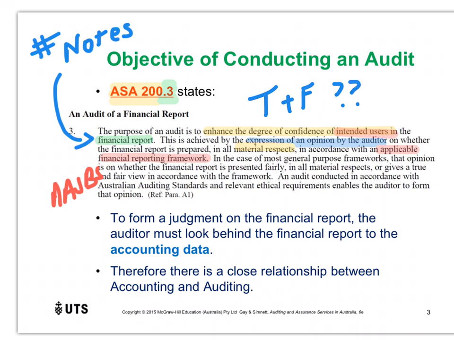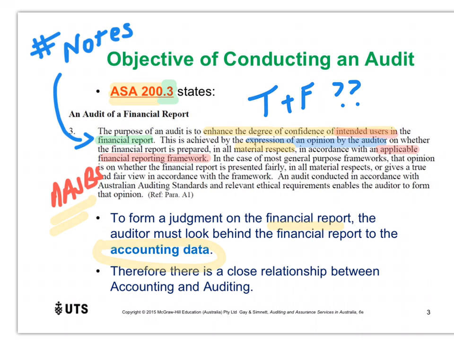Now, to form a judgment or conclusion on the financial report, we must look behind the financial report and we must look at the accounting data, right? So it's really important, in order to provide a quality audit and to do a comprehensive job, that we know the accounting standards.